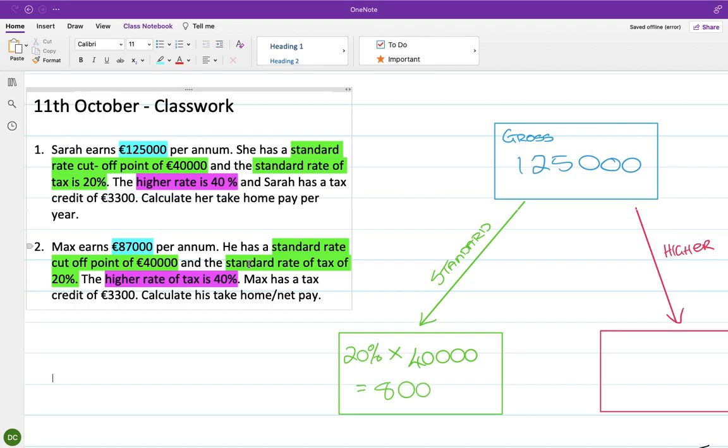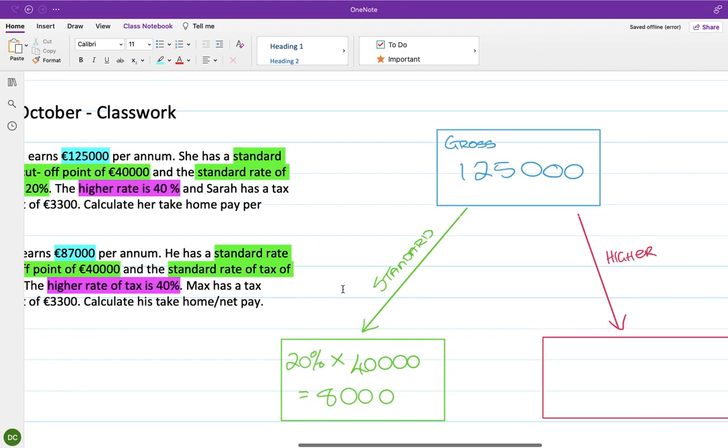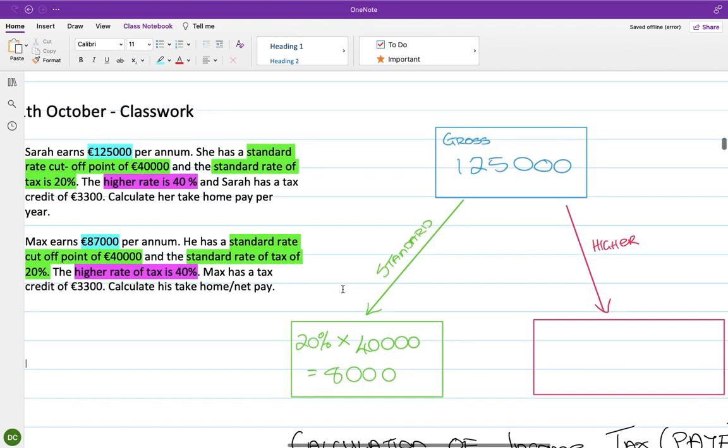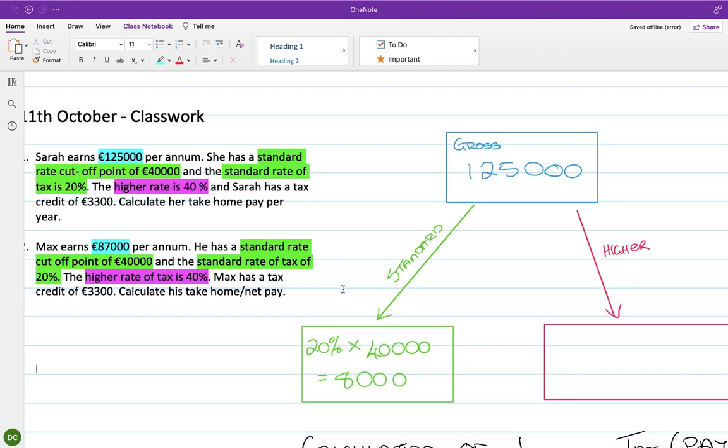Now, this is the part that everyone's getting confused on. The reason I draw it this way is because you're taking this money and you're splitting it into two piles.